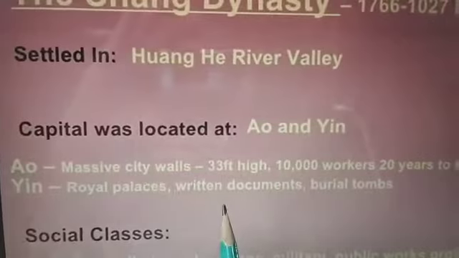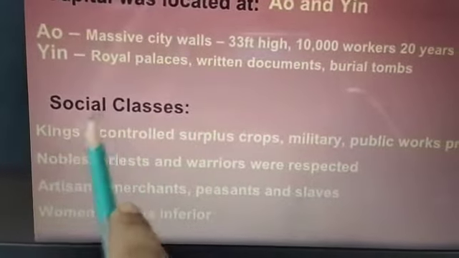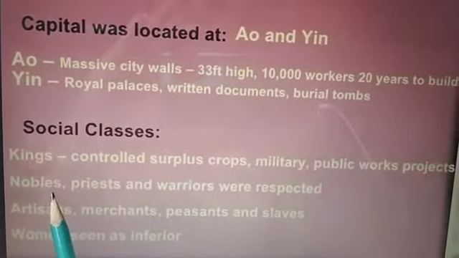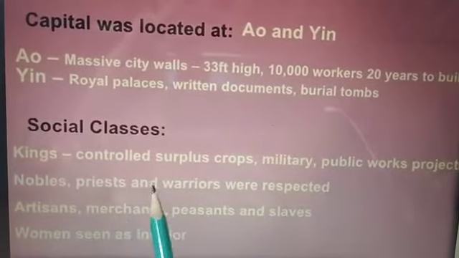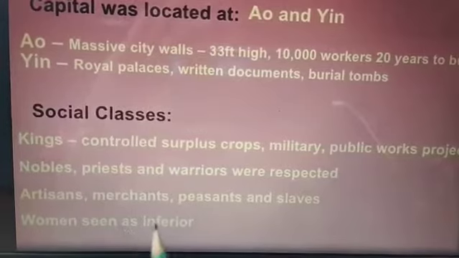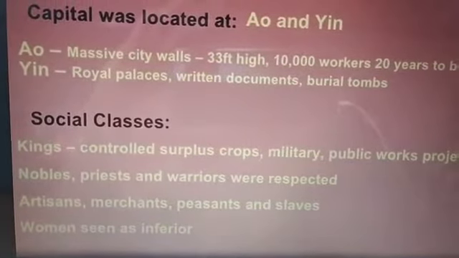You can see here Anyang, royal palaces, written documents, and the burial tombs. The society was divided into kings, nobles, priests, and warriors. Women were seen as an inferior class.